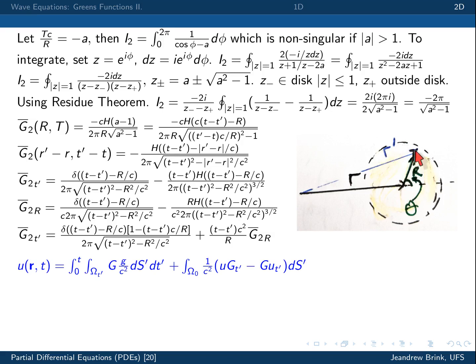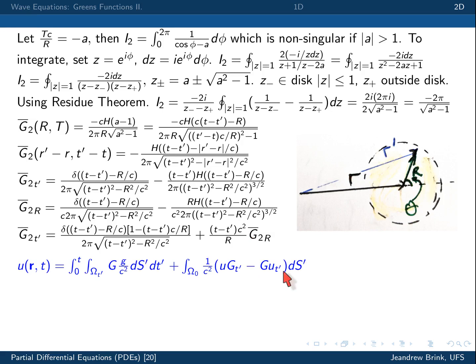And this big R, whose norm enters into the Green's function, is simply the difference between r and r prime. Furthermore, we're going to define the angle that we're going to integrate over as the angle between big R and our field point r.